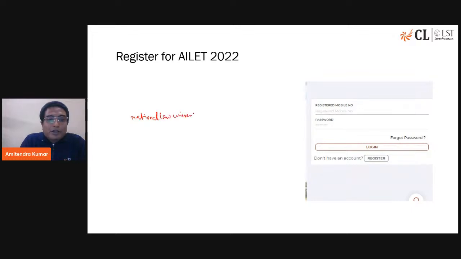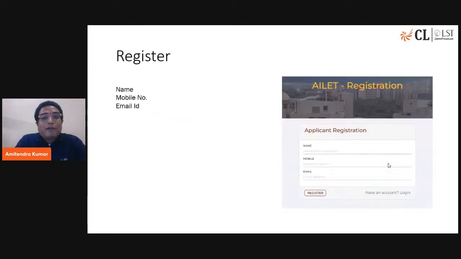Please understand this is where the application process will be, and you have to fill in the application from this URL. Once you open that page, the first thing you need to do is register yourself for AILET 2022, which means you have to click on the register button, and then your process of application starts.